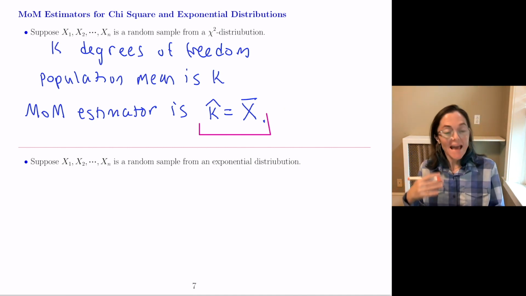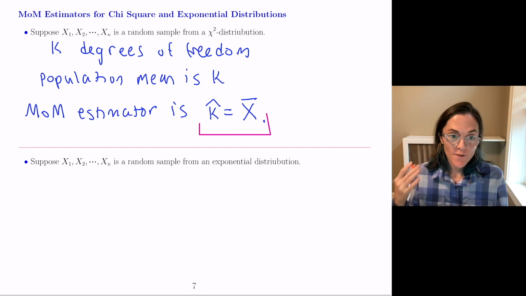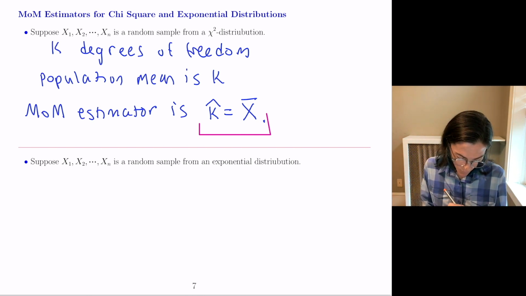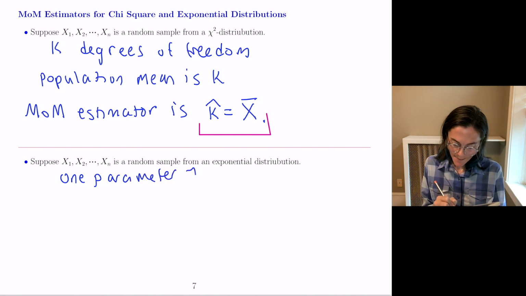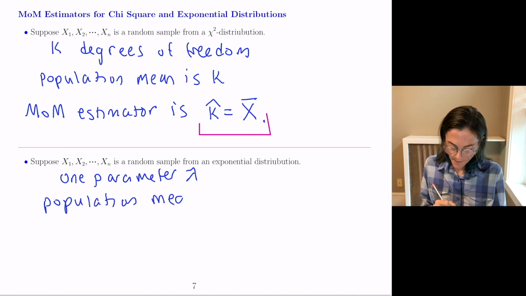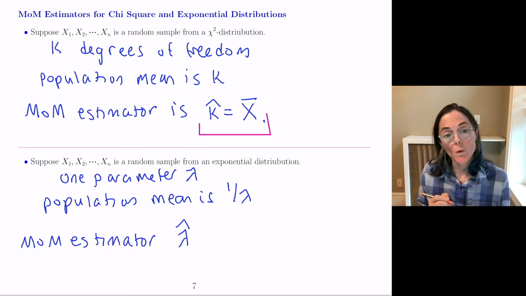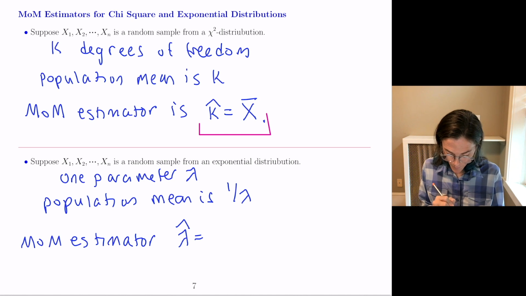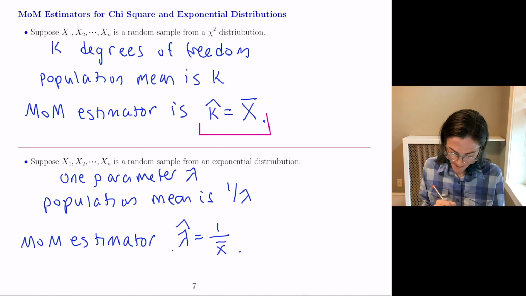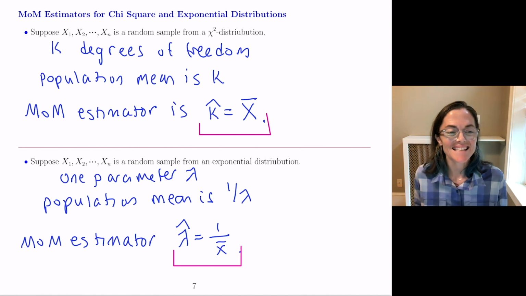And similarly, if we have a random sample of size n from the exponential distribution, here we have one parameter, lambda, and we know the population mean is 1 over lambda. Our method of moments estimator for our parameter will be 1 over the sample mean, like this. We use the first moment in each of these cases.